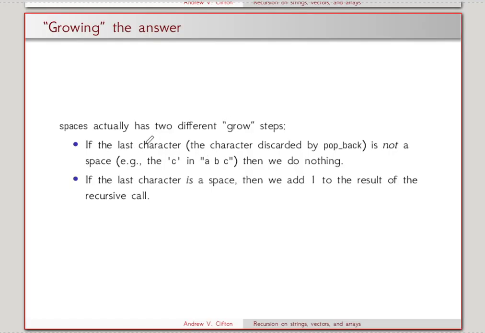If the last character, the character that we just popped back, is not a space, like in the example we showed, it was the c, then we do nothing. We take the number that we're given and pass it back up the chain. But if the last character is a space, then we add 1 to the result we got and pass that incremented value back up the chain.